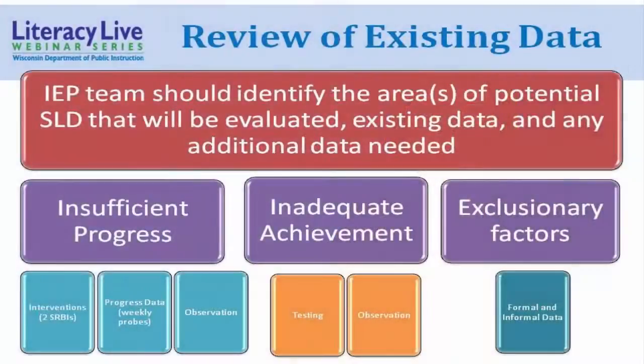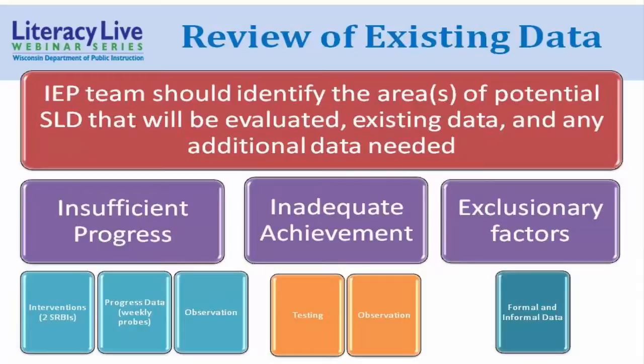The second purpose of the review of existing data is to determine what area or areas of concern the team is going to examine. In some situations, this may have been determined before the review of existing data. In other cases, not. So this slide shows this review of existing data all at once.